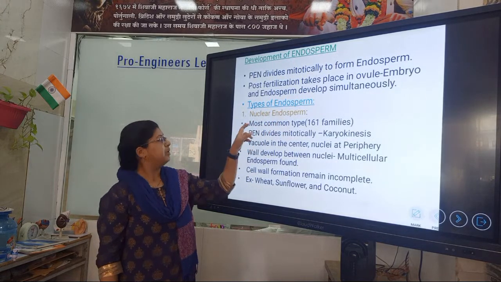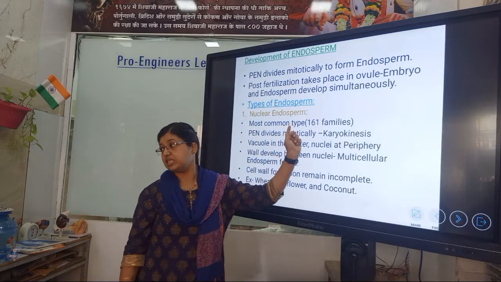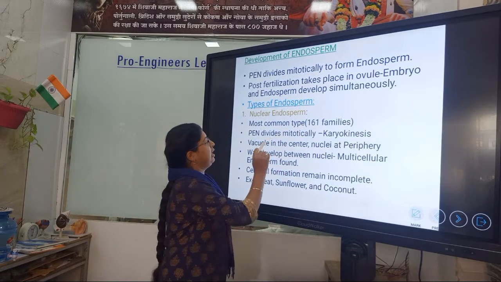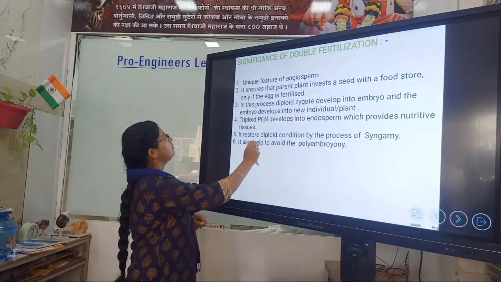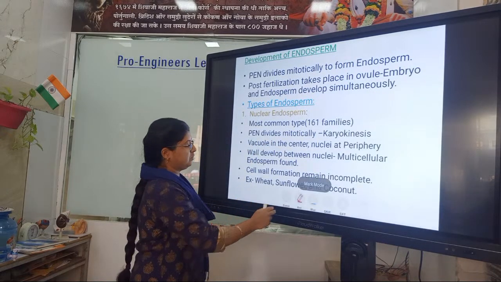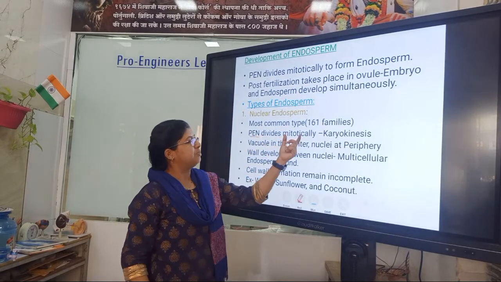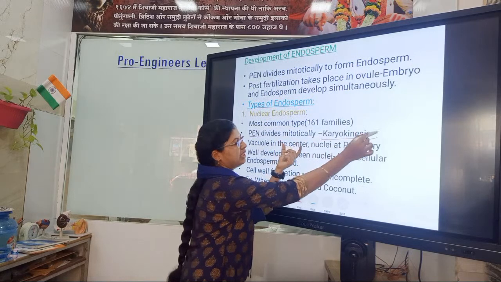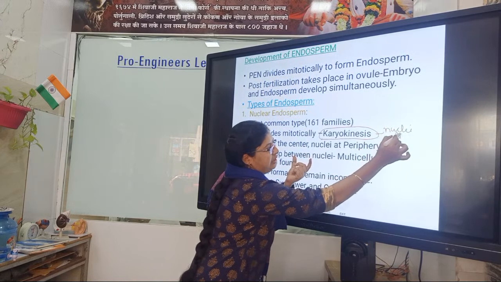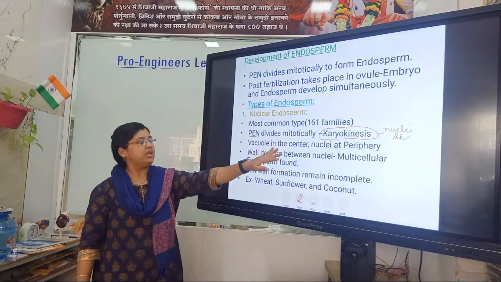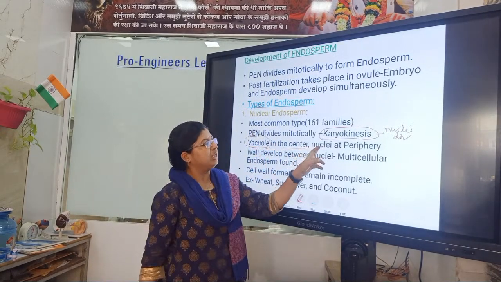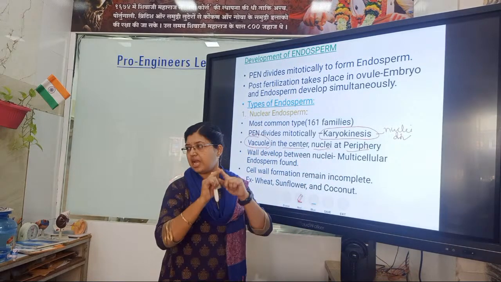Let's see once again. Nuclear endosperm is the most common type in 161 families of angiospermic plants. PEN divides mitotically through the karyokinesis process, that is nuclear division. After nuclear division, there is a formation of a vacuole in the center and nuclei at the periphery, at the outside.